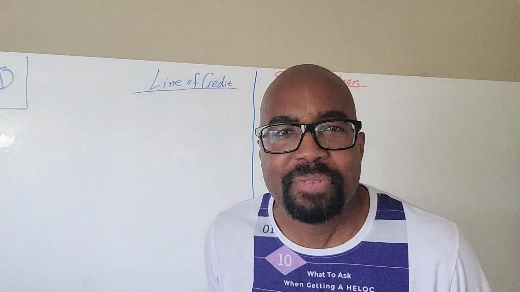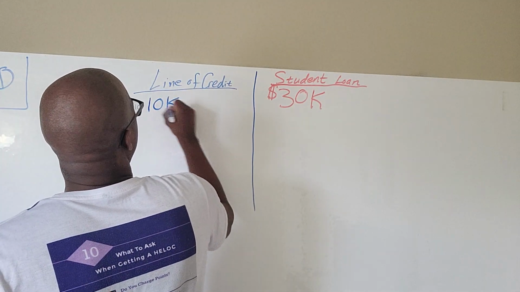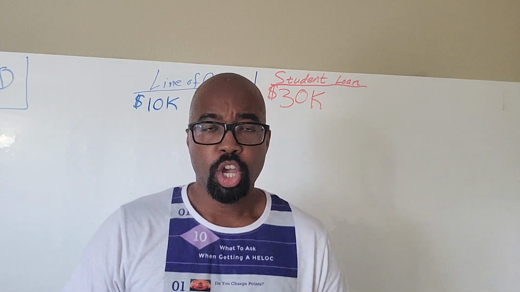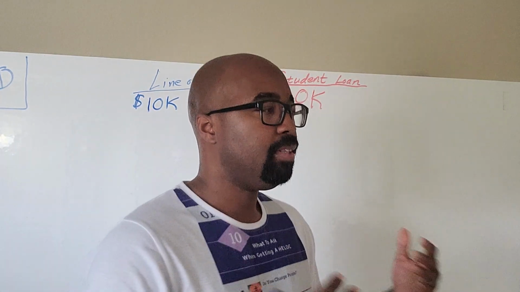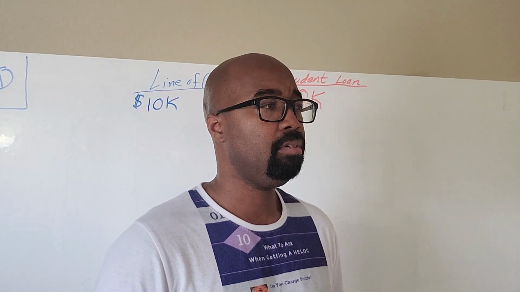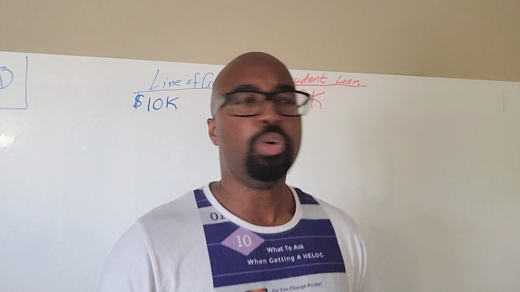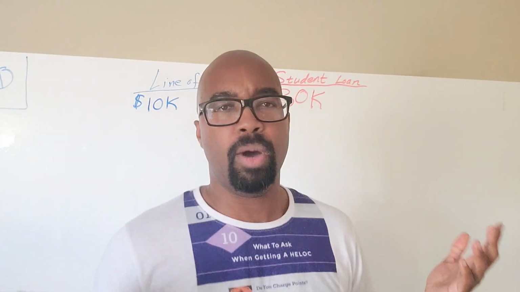That's a nice even number. 10,000. You may not have a home equity line of credit available to you. You may need someone to consult with your title company to ensure that they do their HELOC correctly. You may need someone like me.